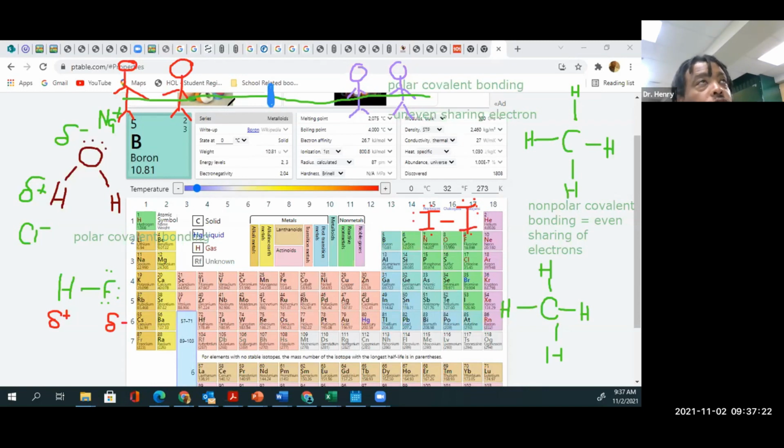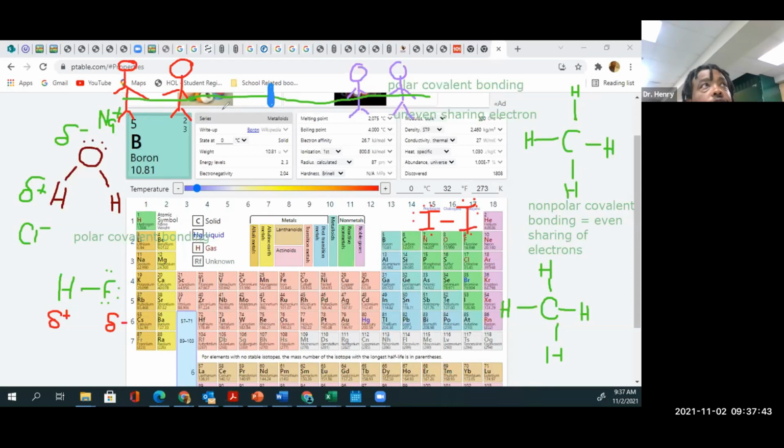If these guys are even, as strong as each other on both sides, then the flag is going to stay in the middle. That's what we're seeing in nonpolar covalent bonding. Nobody is stronger than the other.